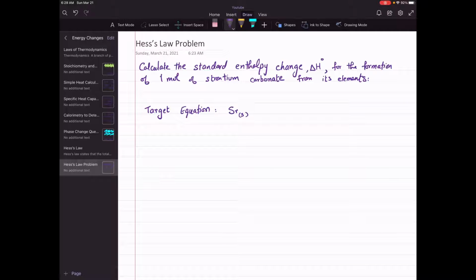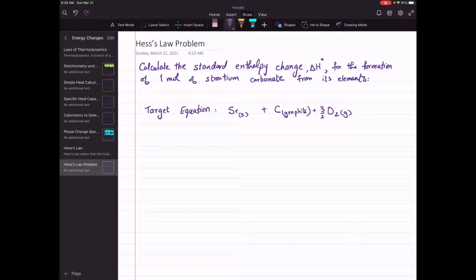So what is the delta H for this equation, where solid strontium reacts with carbon, which is in the form of graphite, plus oxygen in the gas form. And the forms are very important in Hess's law. If it is a solid, we need a solid as a reactant.